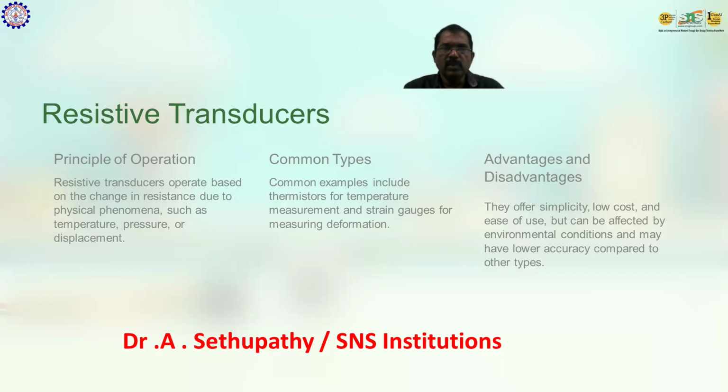We use these resistive transducers, which operate based on the change in resistance due to the physical phenomena. For pressure sensors, we apply the load physically, and the sensor gives the output of how much pressure is applied to the device.